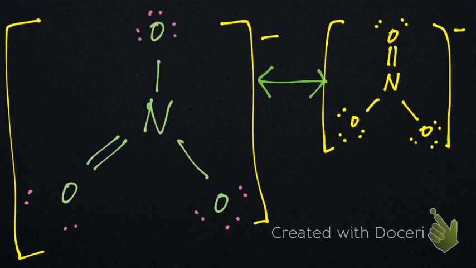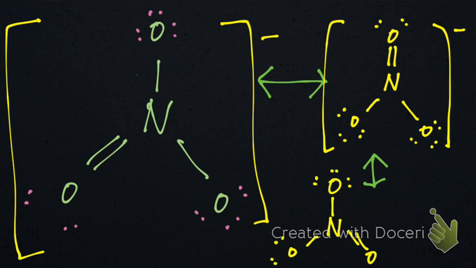And you're going to have a third drawing, right? Because there's like 3 possibilities, yeah? So you're going to have a third drawing with the double bond on the bottom right. Don't forget the brackets with the charge outside.